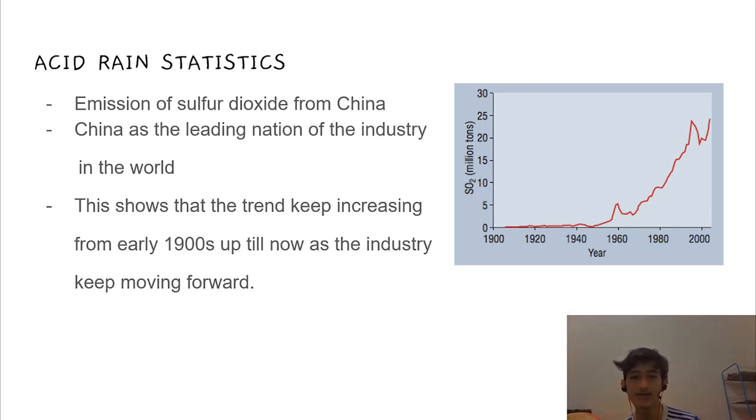As we can see, in the early 1900s China had almost zero SO2 emission. This trend keeps increasing by year from 1990 up till now as the industry keeps moving forward. As we know, China is also a leading nation of industry in the world, so this also leads to the increasing release of sulfur dioxide in China.